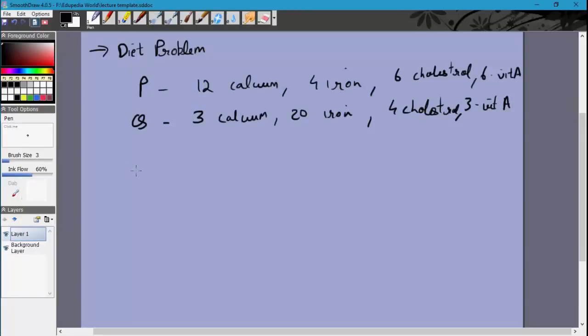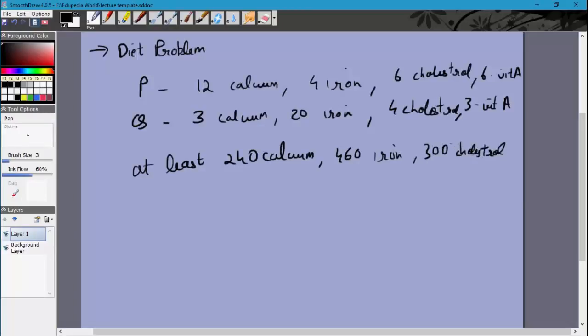The first is the total diet requires at least 240 units of calcium, 460 units of iron, and 300 units of cholesterol. So what we need to do is minimize the units of vitamin A, right?